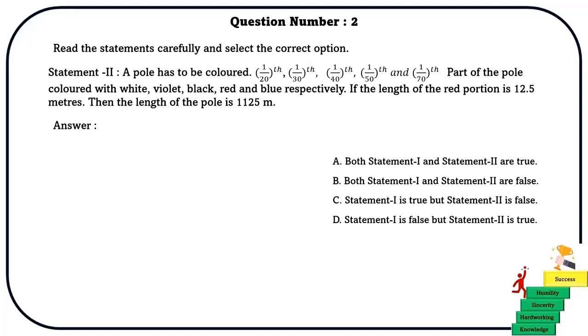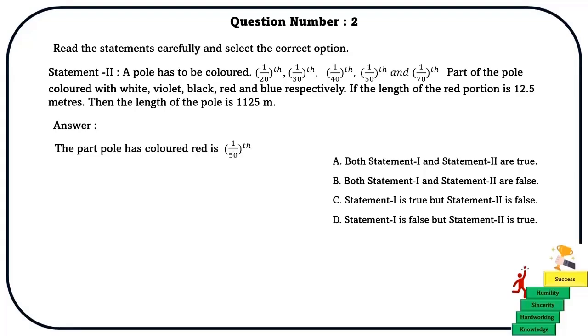Statement 2. A pole has to be colored 1 by 20th, 1 by 30th, 1 by 40th, 1 by 50th, and 1 by 70th part of the pole colored with white, violet, black, red, and blue respectively. If the length of the red portion is 12.5 meters, then the length of the pole is 1125 meters.